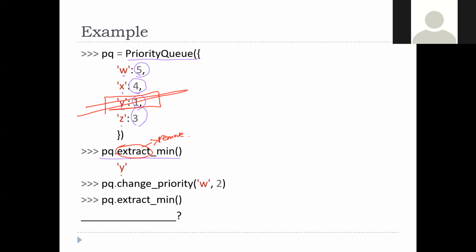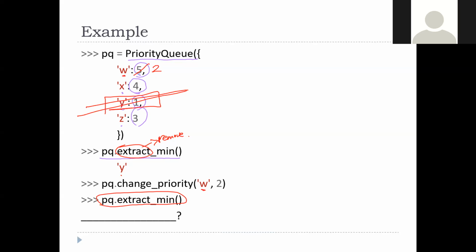Now suppose I continue to perform a change priority operation, in which I'm changing the priority for W, which used to have value 5. Now I change that one to be 2. Suppose I perform this. Now if I perform extract min again, what should I return?